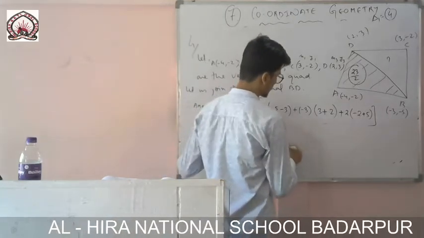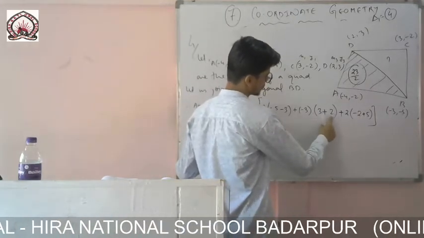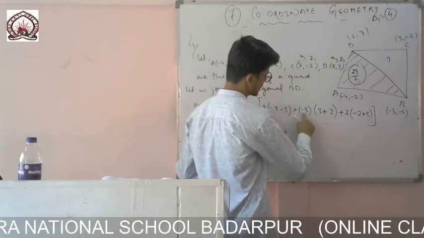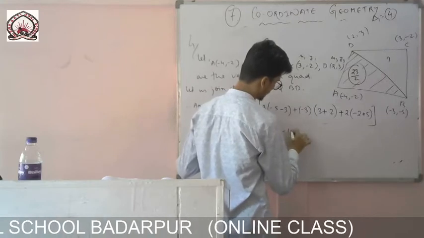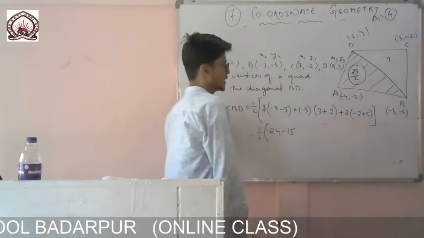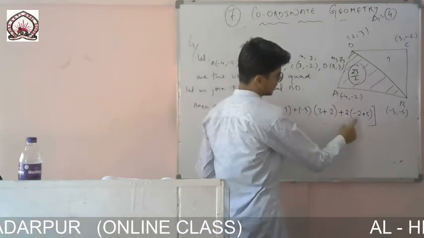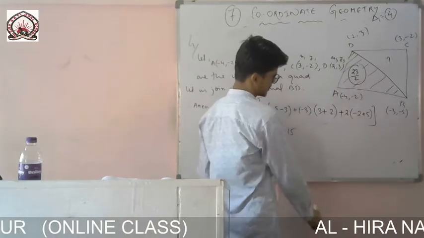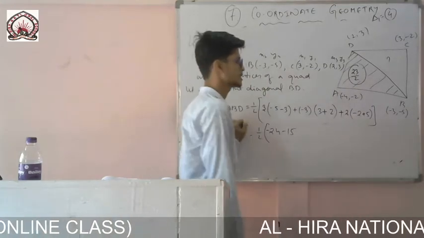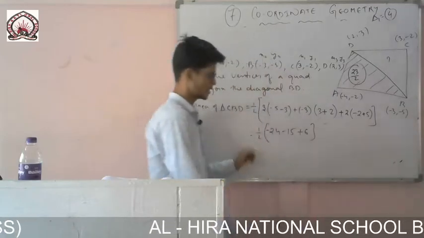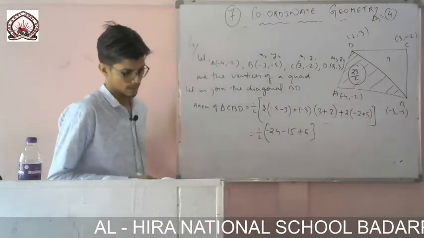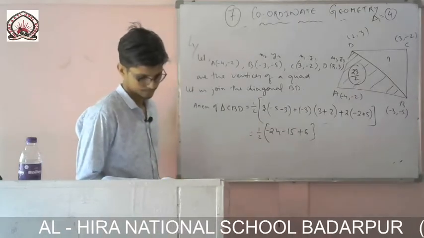Then 3 plus 2 is 5, 5 threes are 15, and plus minus will be minus, so here it will be minus 15. Then the last one, minus plus is minus, so 5 minus 2 is 3, 3 twos are 6, so it will be plus 6. Minus 24 minus 15 plus 6.